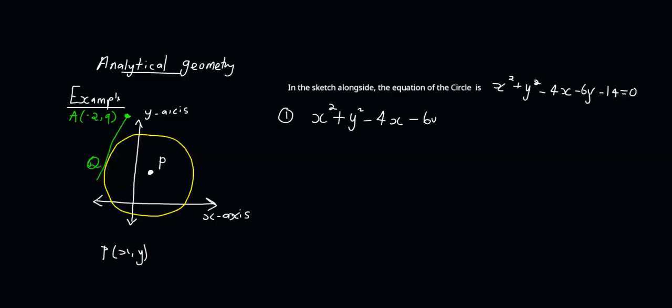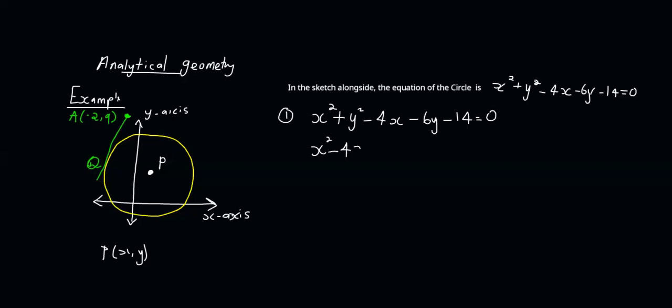So remember on the previous session, I taught you how to get the coordinates of the center of this. Yes, it means I'm going to complete the square. So you're going to say x squared minus 4x, and then you add half of the middle term, squared. Half of the middle term is going to be what? Negative 2.